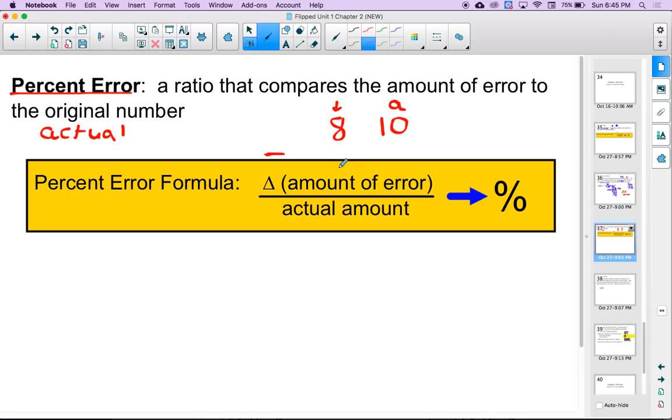I was off by 2. And then we would divide it by the actual amount, which would be 10, and turn that into a percent as well. And that tells us what percent of my correct answer I was actually off by. All right, so that's just a real quick rundown. Let's see one problem in action.